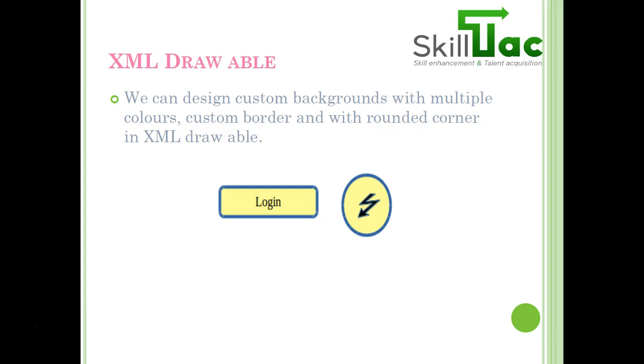And also how to use the radius, how to add the border and the color, and how to add the radius to a particular background, and also how to create a rectangular background, a circular background, or an oval background. So we learned how to use XML drawables and define different custom backgrounds.